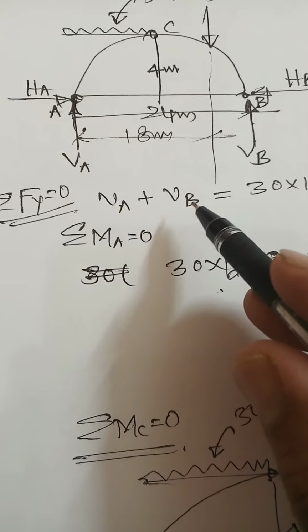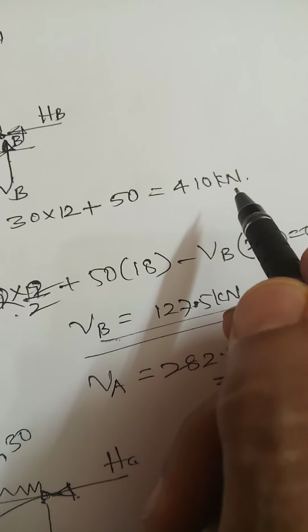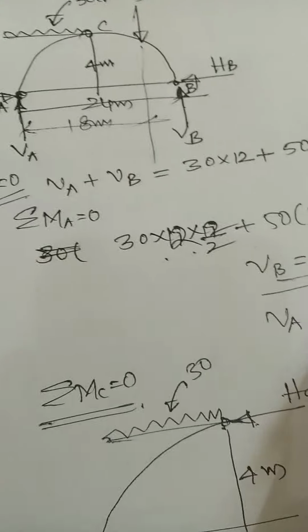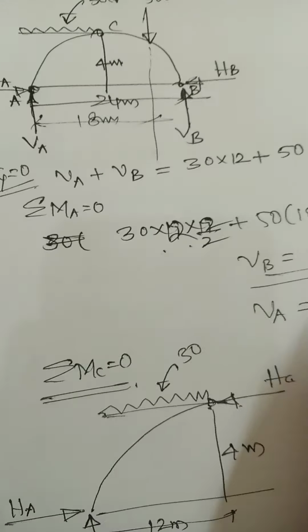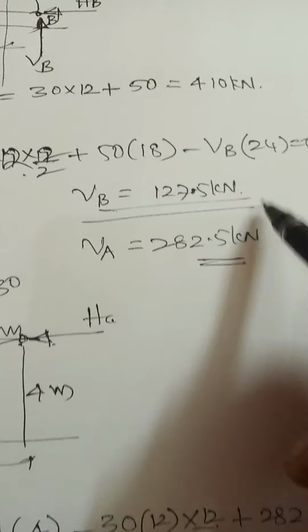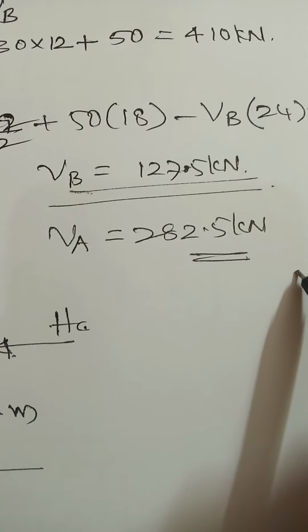Va and Vb are the upward forces, so we find 410 kilonewton as the total reactions. By taking moment at A, we get 30 into 12 into 12 by 2 plus 50 into 18. Likewise, we can calculate Vb and Va.